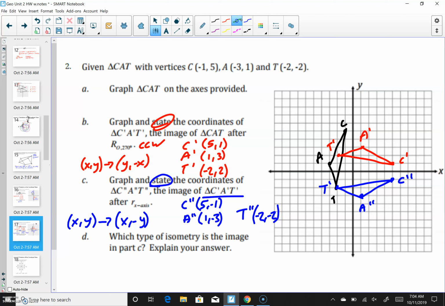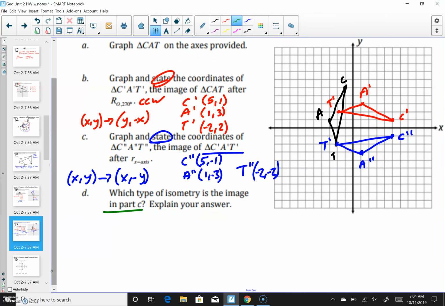Now the last piece is what type of isometry is the image in part C? If we're looking at the newest triangle, the blue one, we want to talk about the orientation. The original triangle is counterclockwise, the prime triangle is counterclockwise, and the last triangle was clockwise.